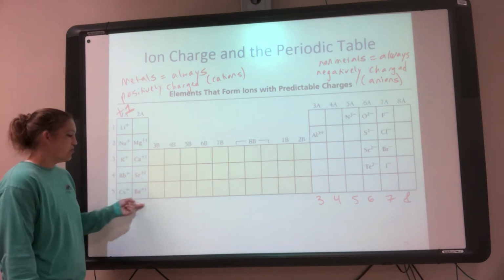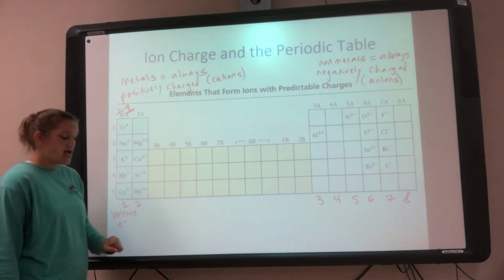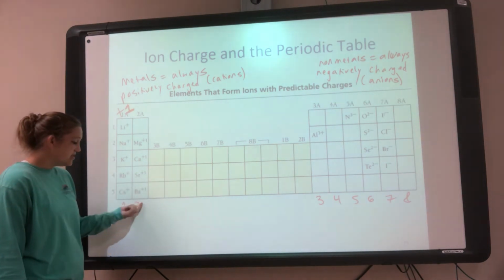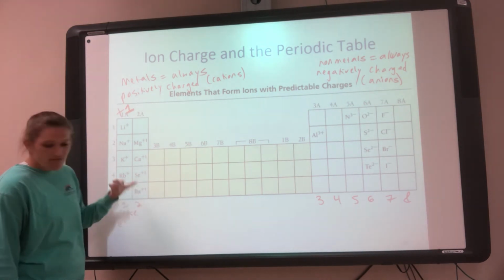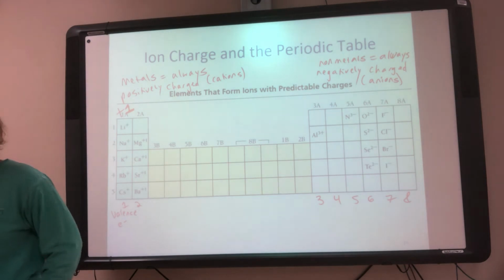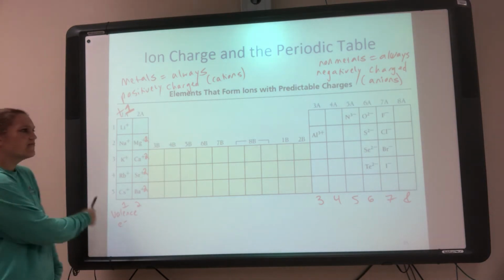These guys have 2. His choice is either to gain 6 to get to 8 or to lose 2. It's easier to lose 2 than it is to gain 6. And there's a typo, and I didn't notice this till just now. These should all be 2s. Okay? I don't know if that's a typo. That chart comes from your book.